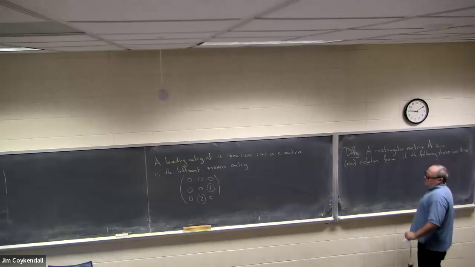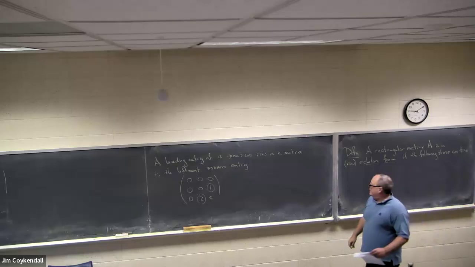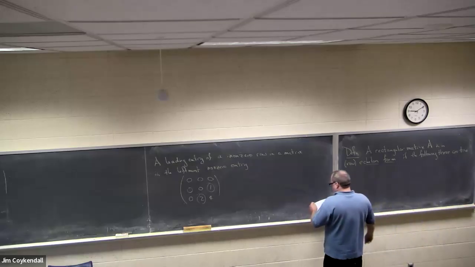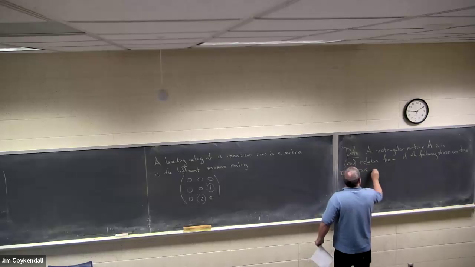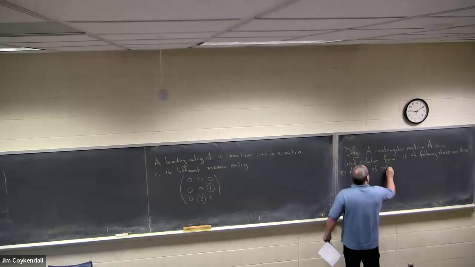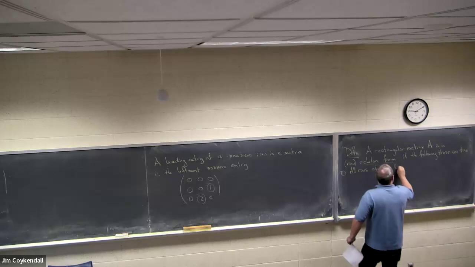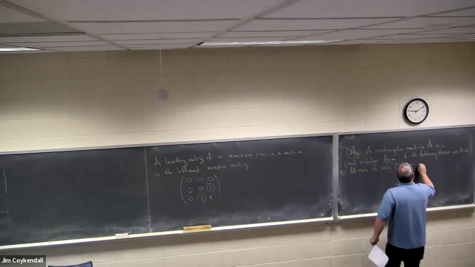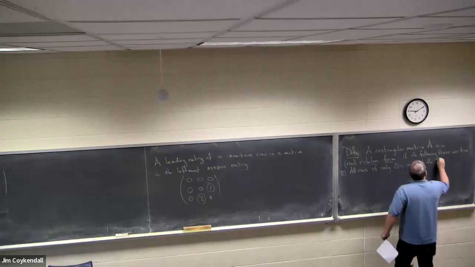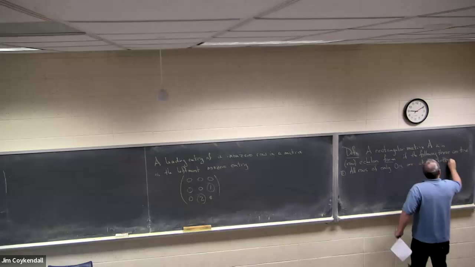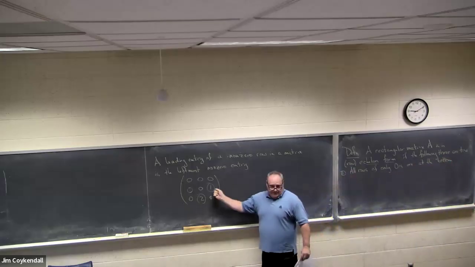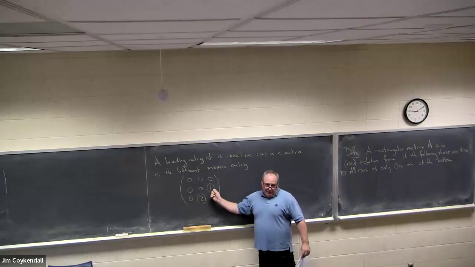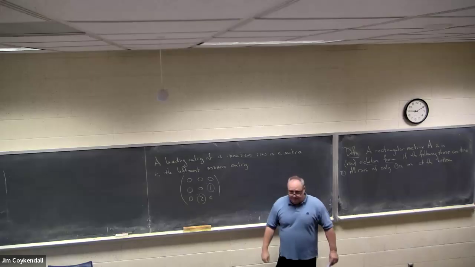Okay, so what does it mean for a matrix to be in row echelon form? Number one, all rows of only zeros are at the bottom. Okay, so right out of the gate, this one right here is not in row echelon form because the zero row would need to be on the bottom.